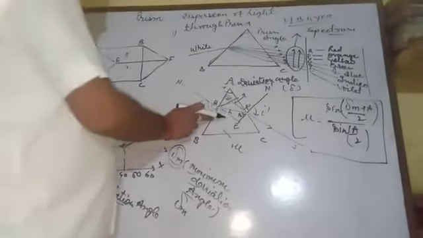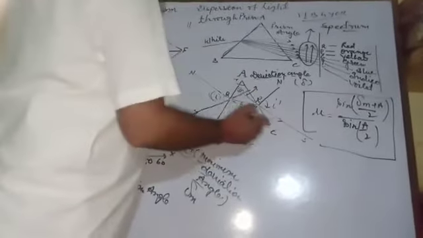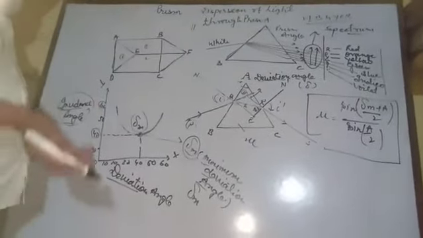This is the relation between refractive index, minimum deviation angle and prism angle of the prism.